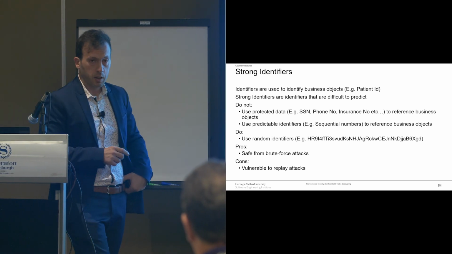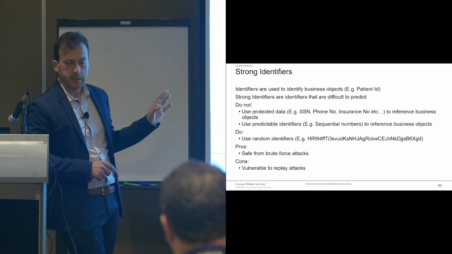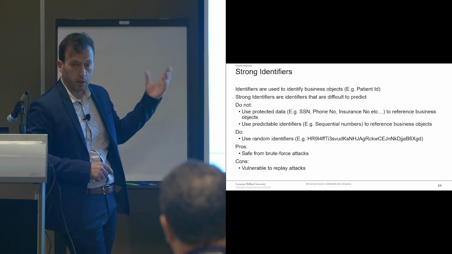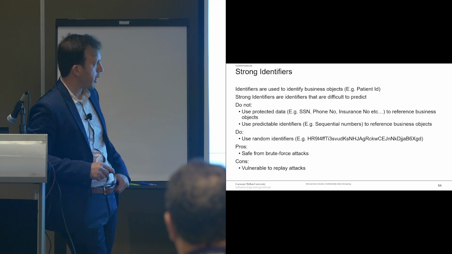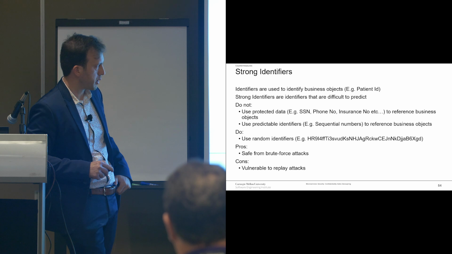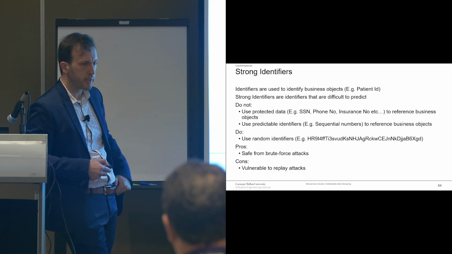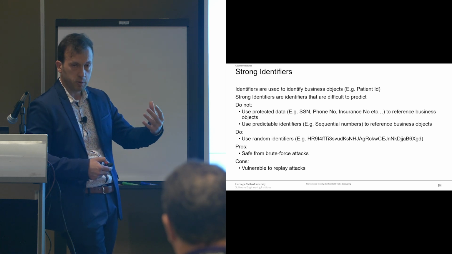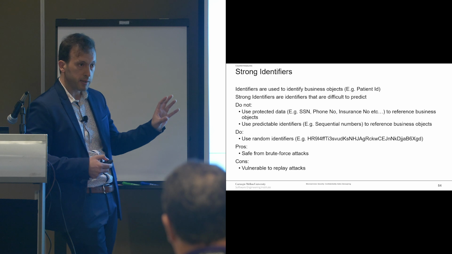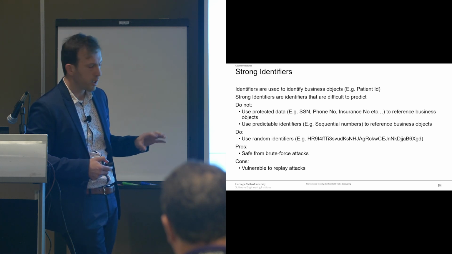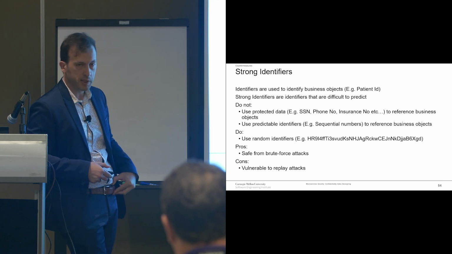What this solution says is we should use strong identifiers. What are the strong identifiers? They are random strings, like this one, composed of random characters and numbers. It could be case sensitive. In this case, it will be difficult for the client or the employee to predict the IDs of patients. So this is safe from brute force attacks.